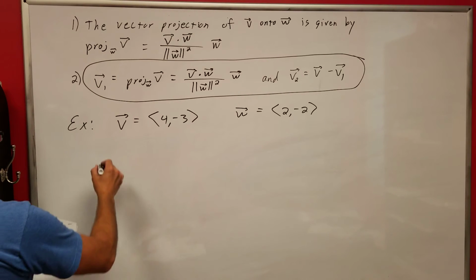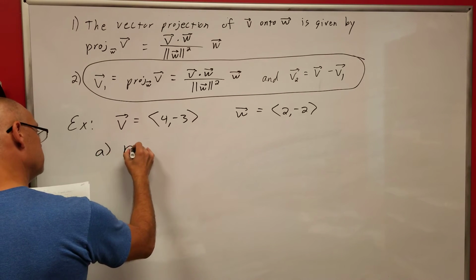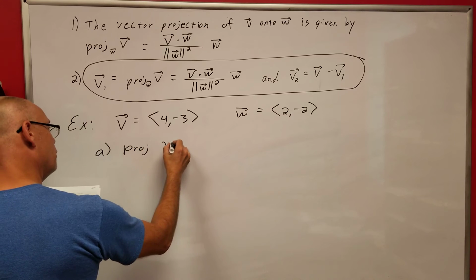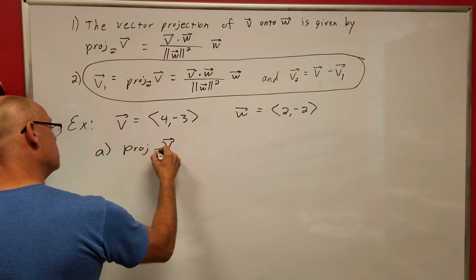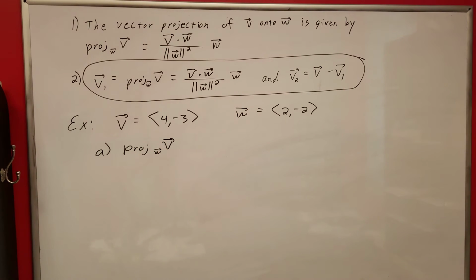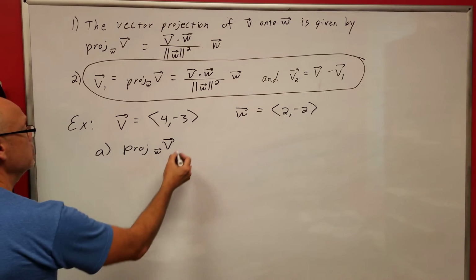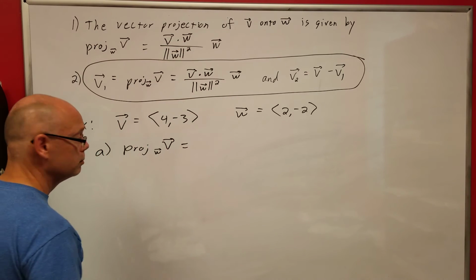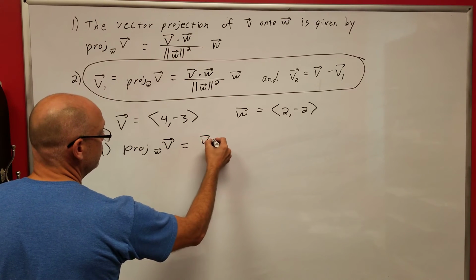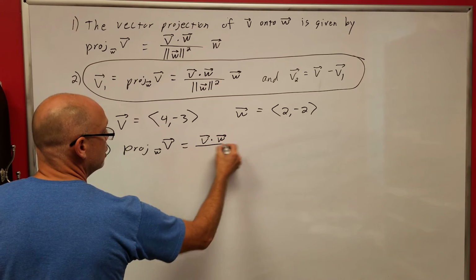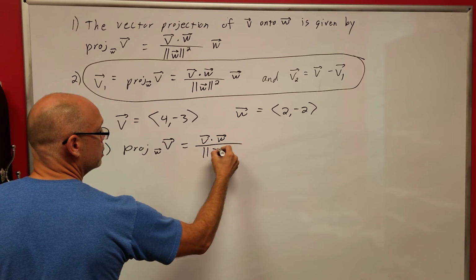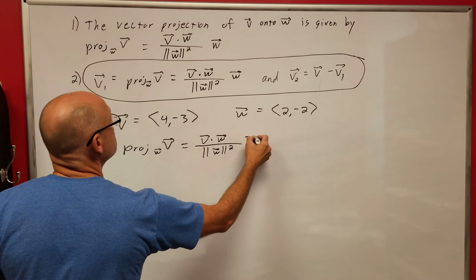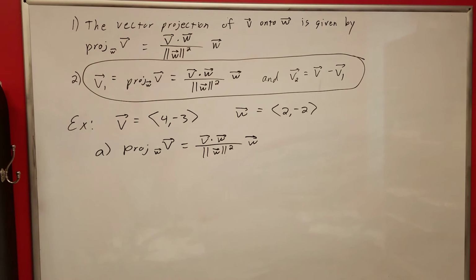Part A says find a projection of vector v onto vector w. How do I find this projection? Well, I could use this formula right here: vector v dot vector w over the magnitude of vector w squared times vector w.